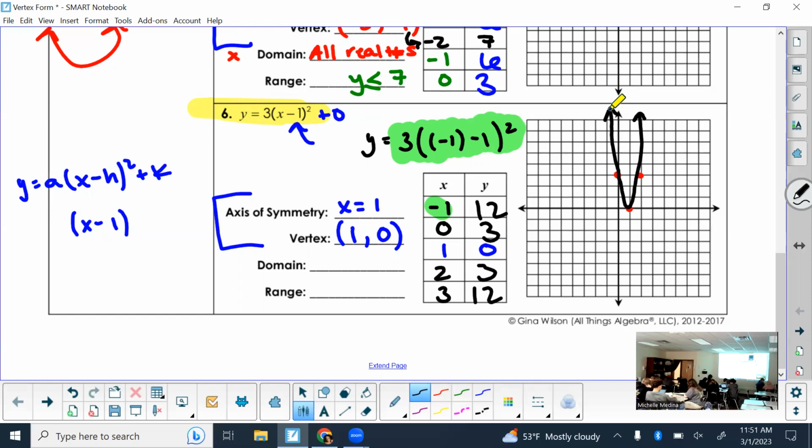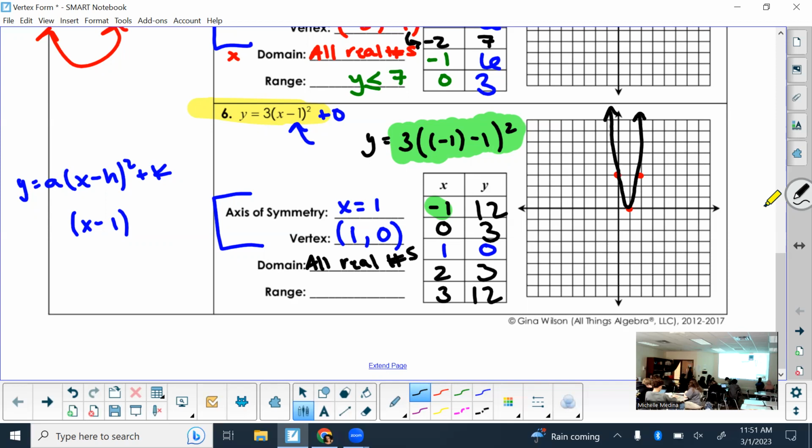Okay? Domain for this is always going to be what? Good, at least for these U shapes, yes, it will always be all real numbers. The domain is all the x's. It will eventually go left and right. What about my range? Does it go infinitely up and down?